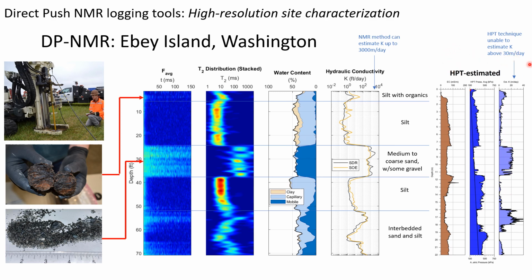So this is just HPT estimated hydraulic conductivity to compare with the NMR. So you see that the signatures are different. The HPT estimated hydraulic conductivity cannot differentiate, say, between coarse sand and gravel, like NMR can do.